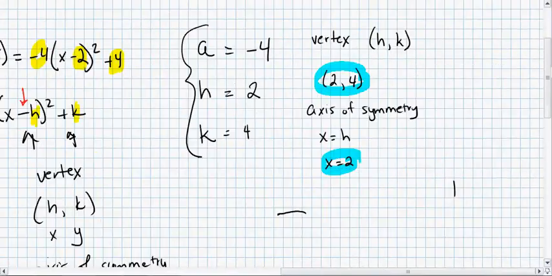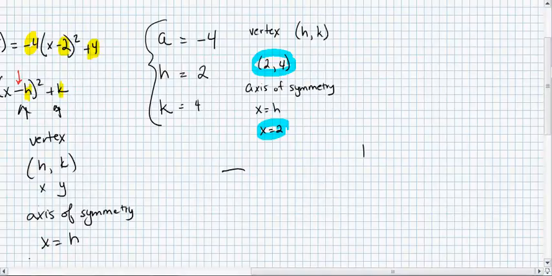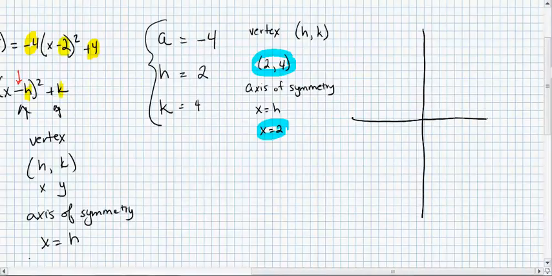So let's zoom out here again. Make a set of axes. Here's my x, and really the function isn't y, it's g of x. I'm going to write g of x along my vertical axes.